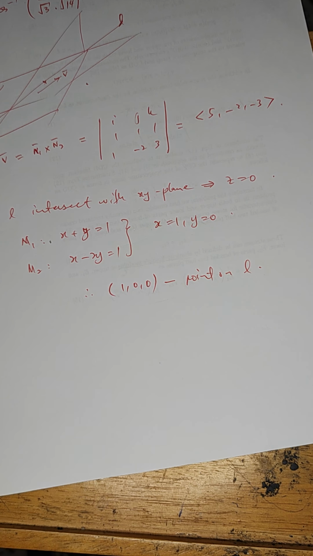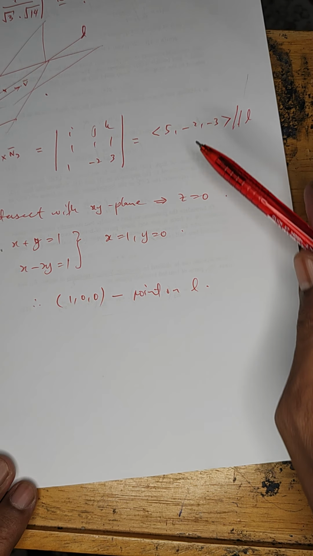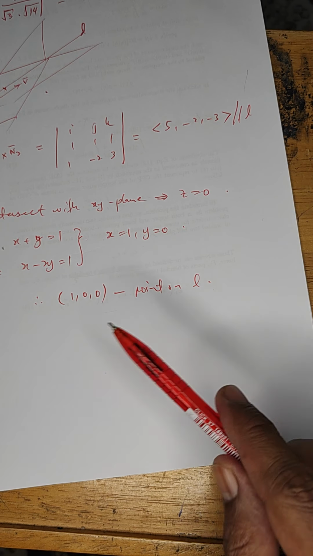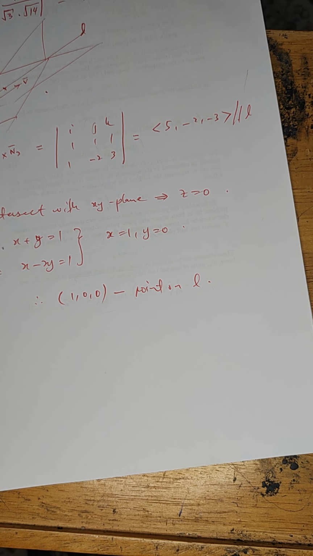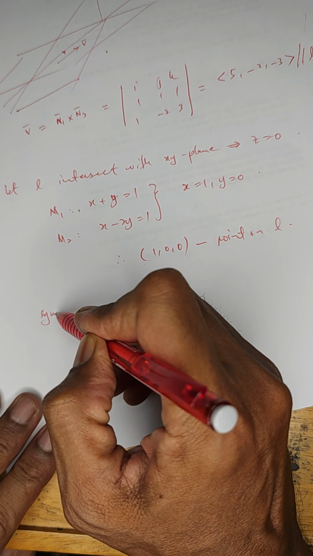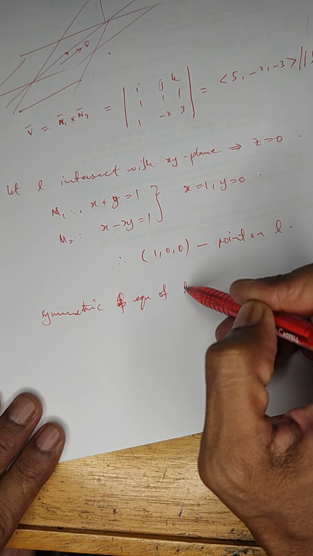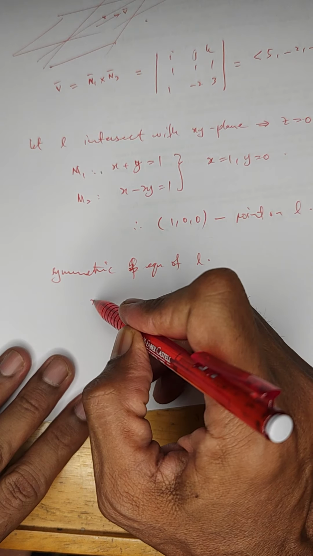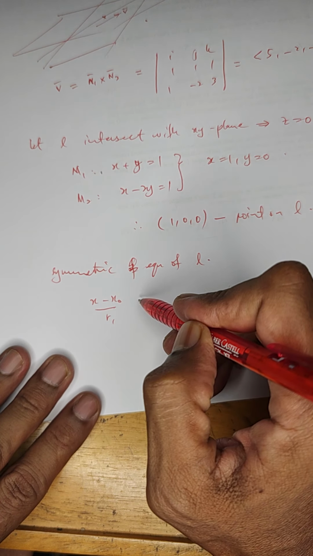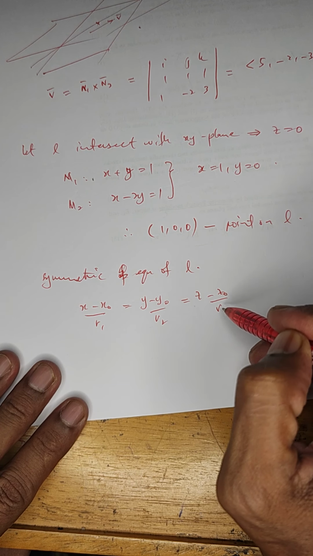Now you have the vector that is parallel to L, and you have a point on L. So therefore you can find the equation of L, the symmetric equation, which is given as (x minus x naught) over v1 equals (y minus y naught) over v2 equals (z minus z naught) over v3.